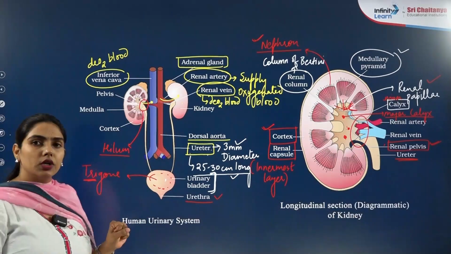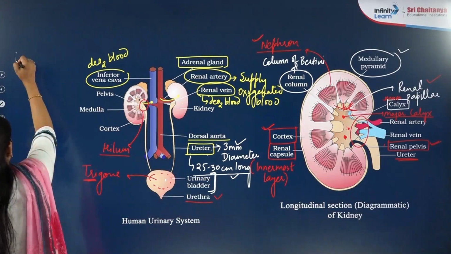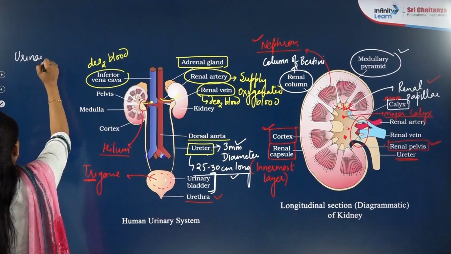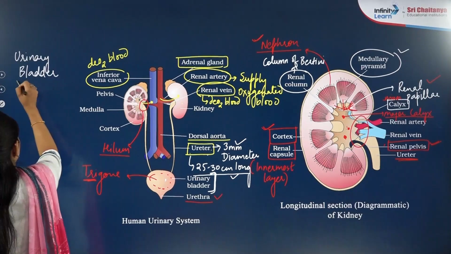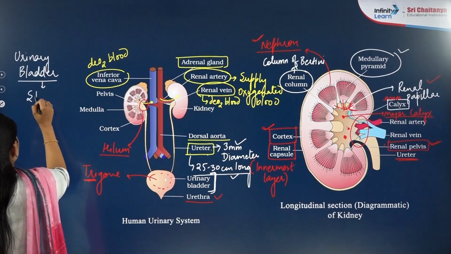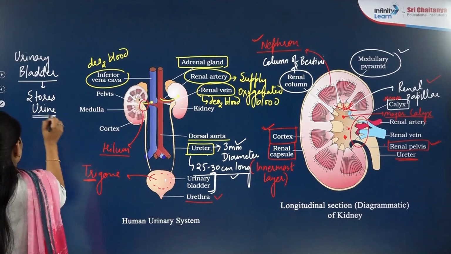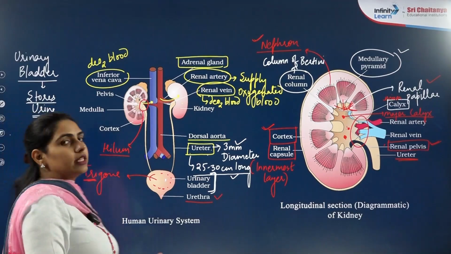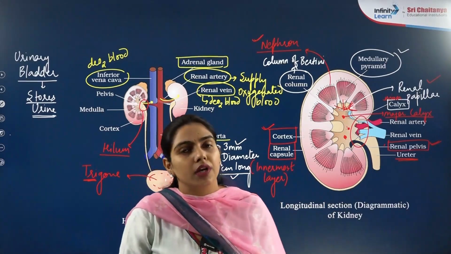Then let us talk of the urinary bladder. It will store the urine, right? For some time, it stores the urine. Then when obviously the urinary bladder gets filled with urine, it's the time to pass the urine out, right?